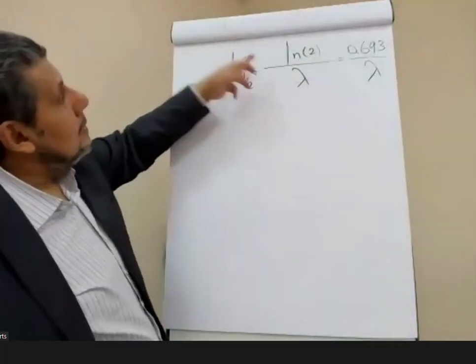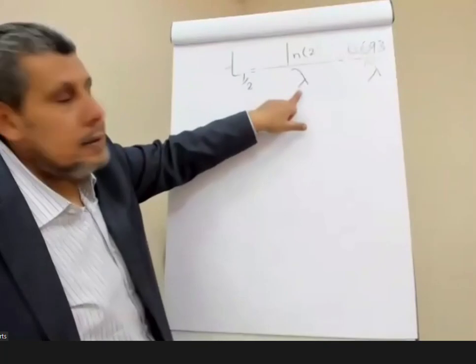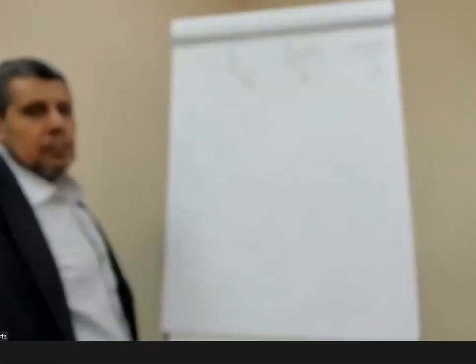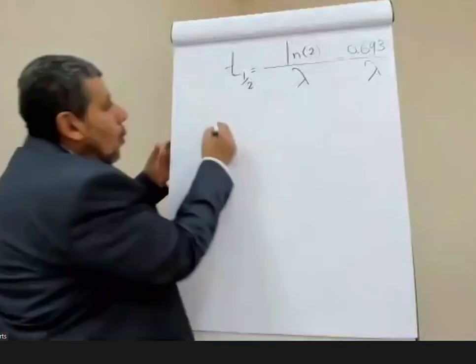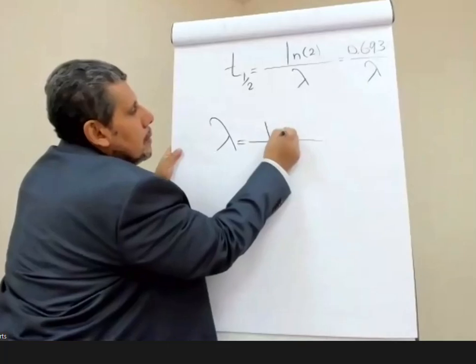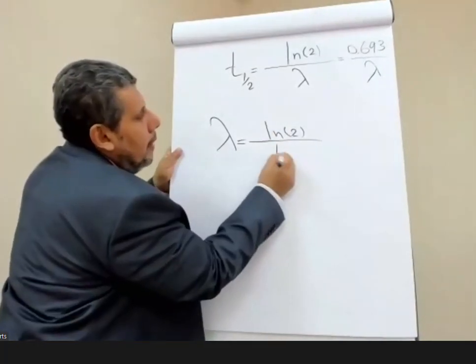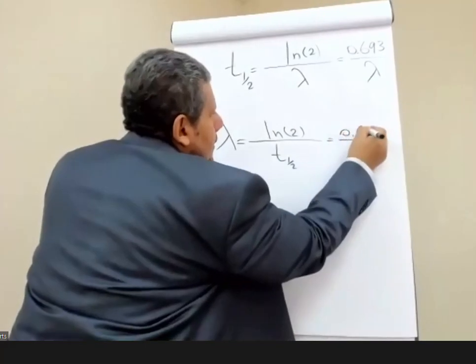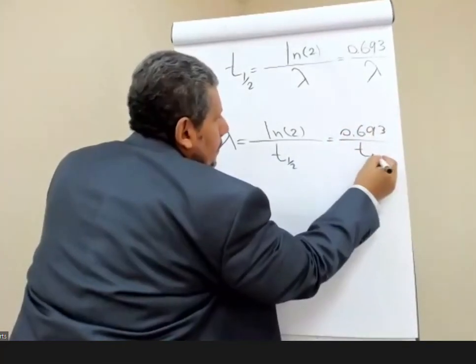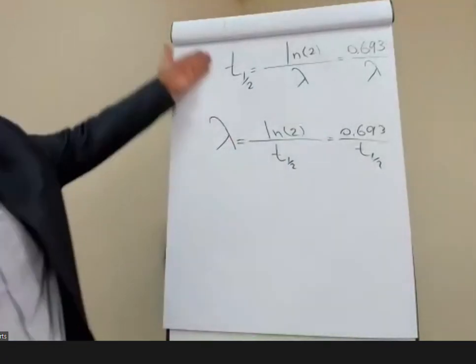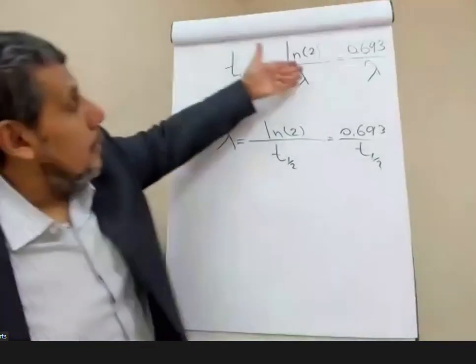So T half is ln 2 divided by lambda. Or you can say lambda equals ln 2 divided by T half, or 0.693 divided by T half. That's it. If you give this number, you find this. So this is the relation between T half and lambda.